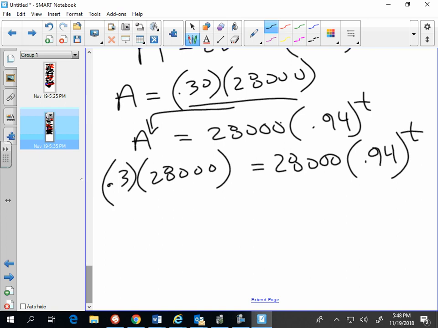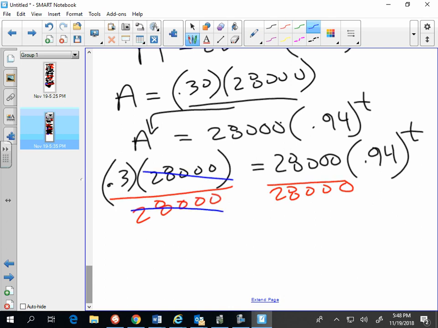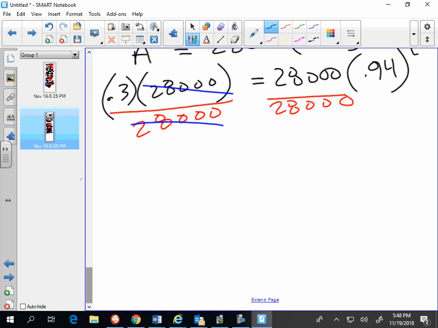I'm going to divide both sides by 28,000. And I can see that the 28,000s cancel, leaving me just 30% of its value, equals 0.94 to the T.